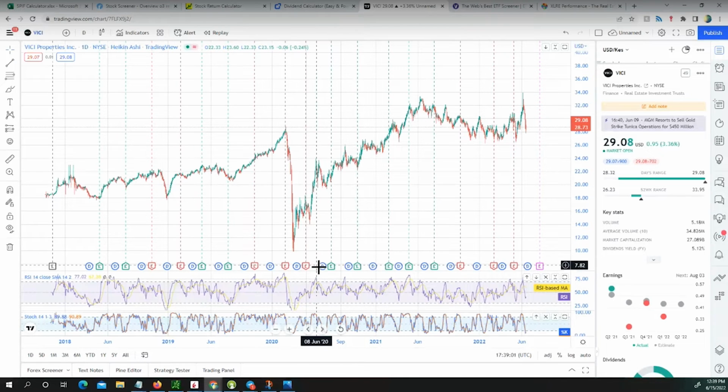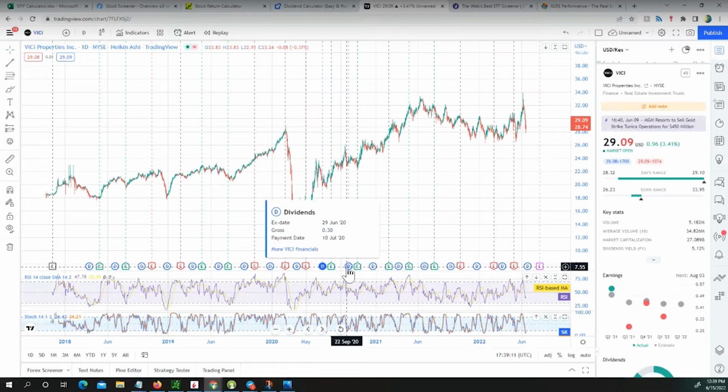What are you looking for in terms of dividends? Dollar-wise, they're paying 30 cents almost every three months.